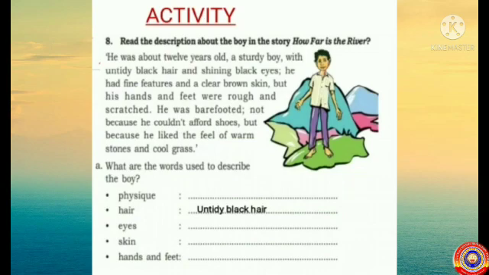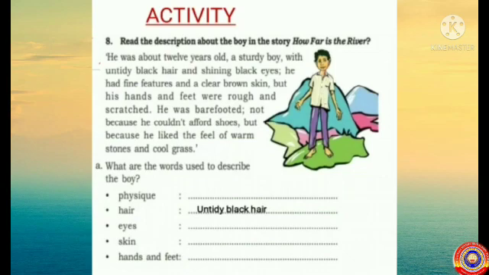Some points are given here: physique, hair, eyes, skin, hands, and feet. Here, you are asked to identify the words used to describe the boy based on his physique, hair, eyes, skin, hands, and feet. One is given for you. Hair, untidy black hair.